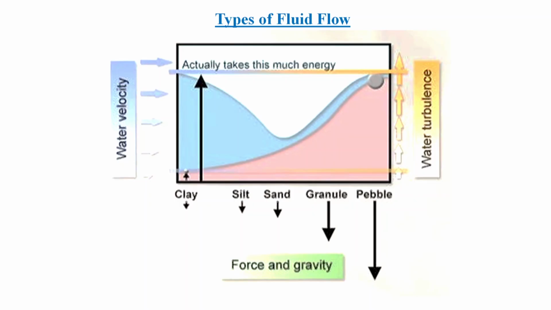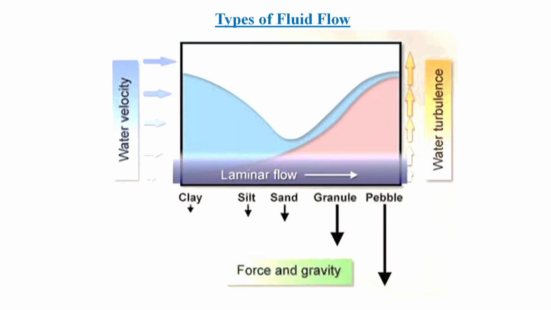With years of flume experiments, people finally arrived at the idea that there is always a laminar flow going on near the surface. Very near the surface, where turbulence is minimum, the water velocity is also minimum, and in that part of your stream or any river you get laminar flow.